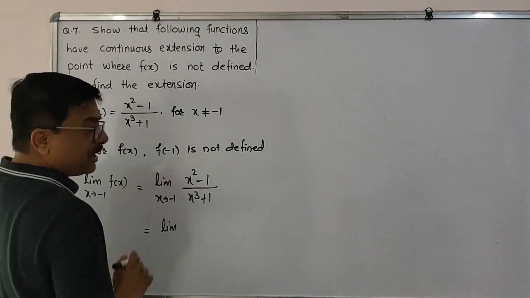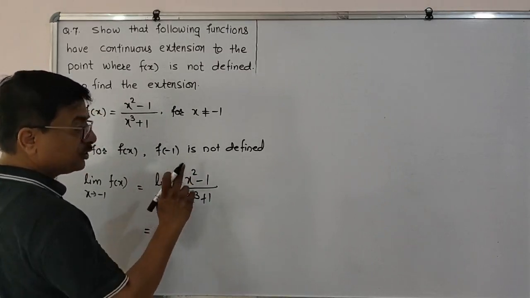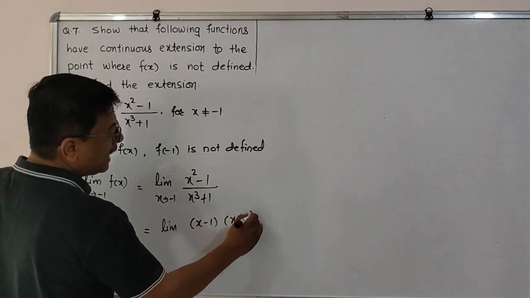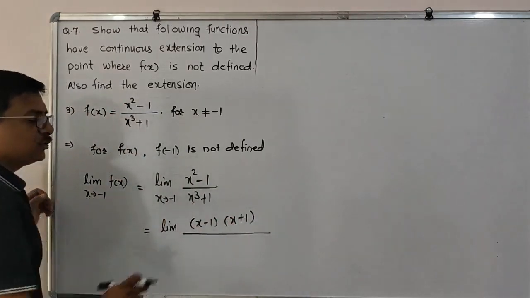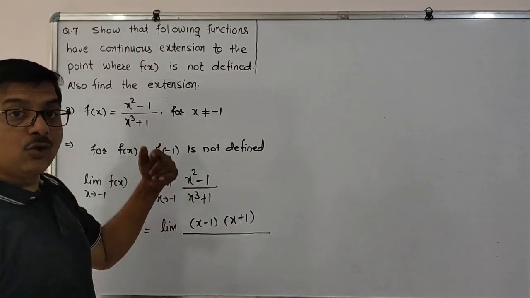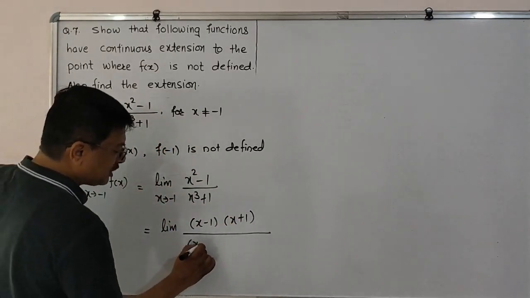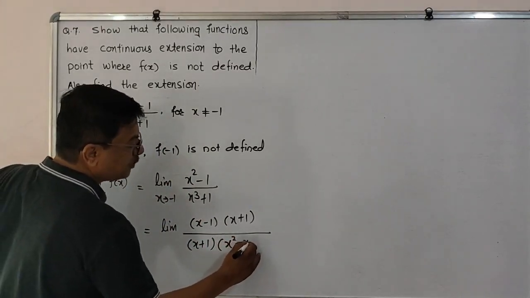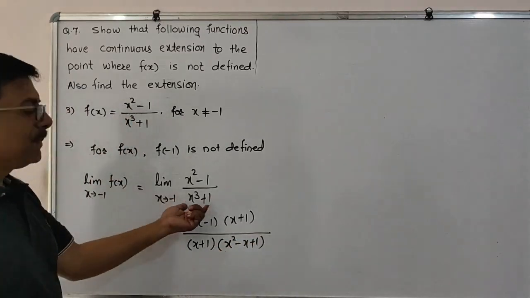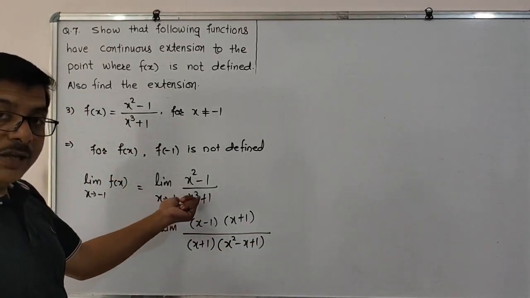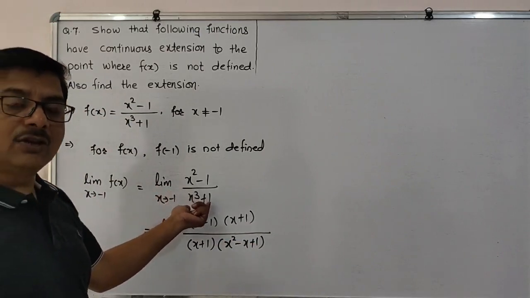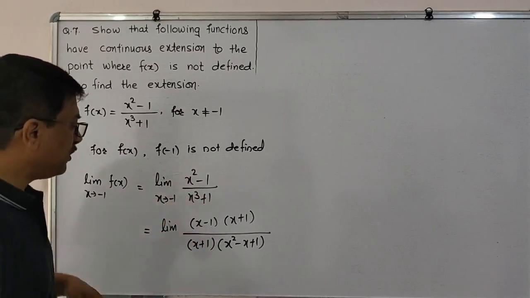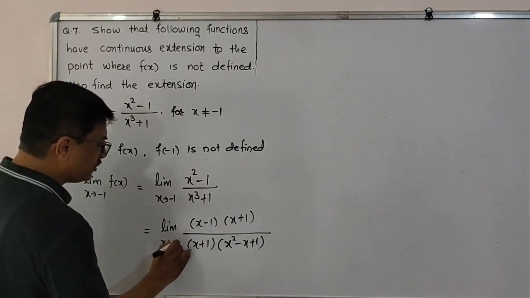Now x square minus 1 has factors using a square minus b square, that is (x minus 1) into (x plus 1), and this x cube plus 1 has factors using the formula a cube plus b cube is equal to (a plus b) into (a square minus ab plus b square), that is (x plus 1) into (x square minus x plus 1). Using that formula we have these factors as x tends to minus 1.